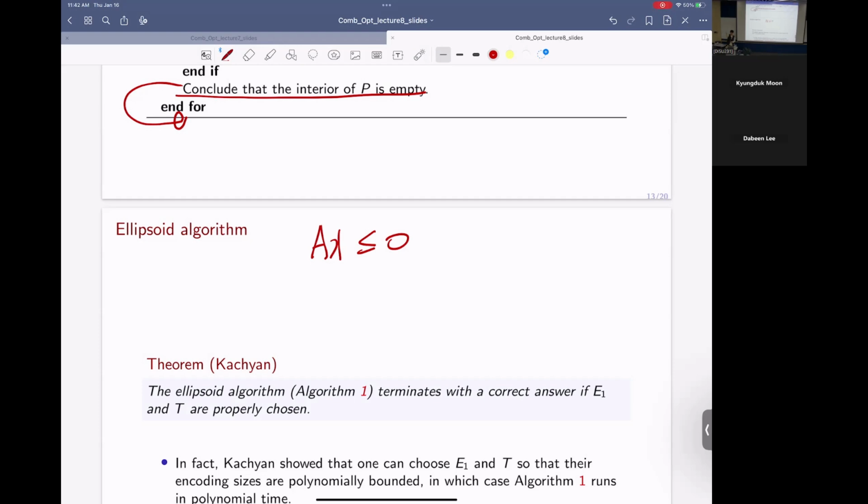That's easier than finding a feasible solution to the Ax equals b system. I shouldn't say more than this, since I'm not remembering the exact details. Any other questions?